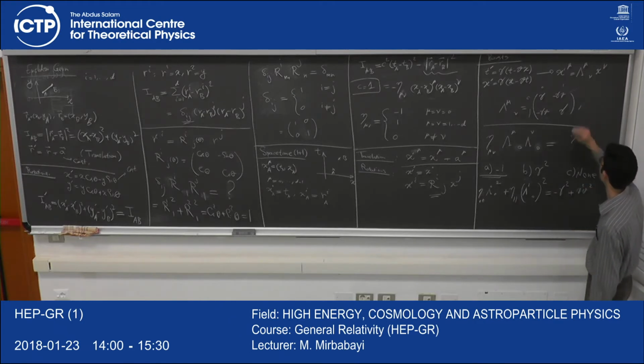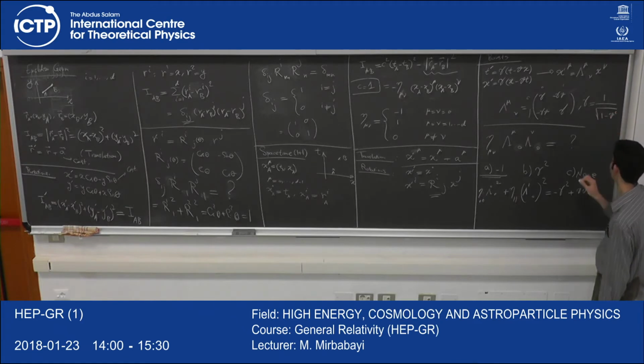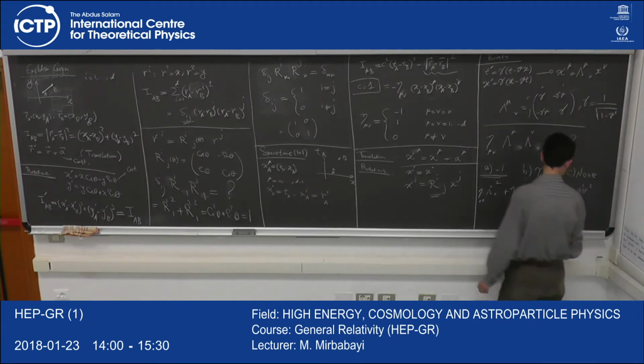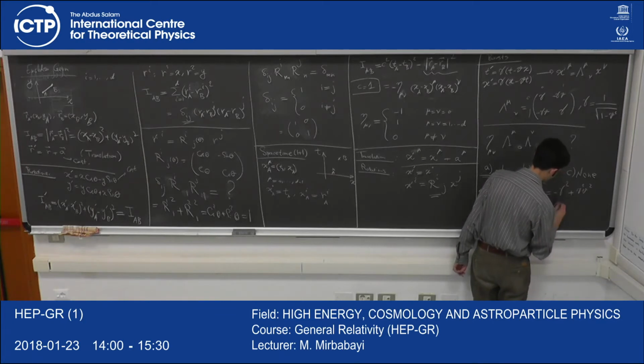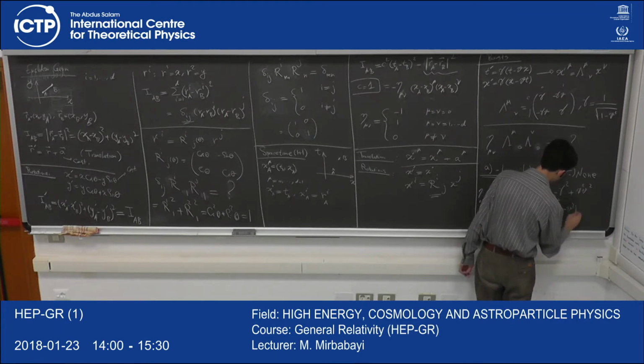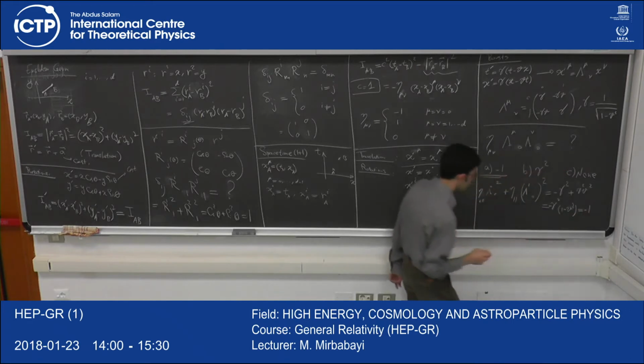Oh, by the way, I didn't define gamma, so you couldn't even answer it. So this is minus gamma squared times 1 minus v squared, which after defining gamma is equal to minus 1.